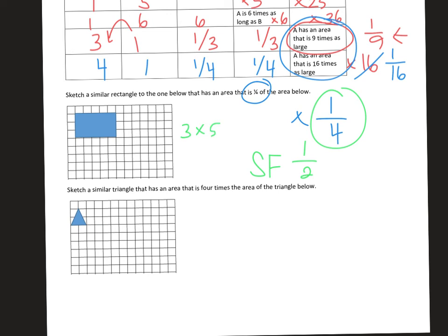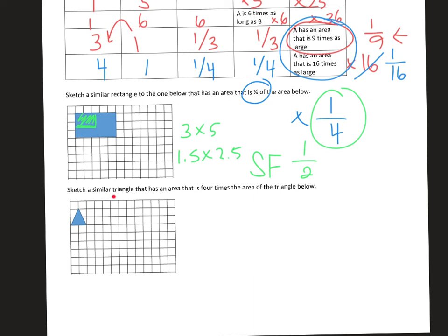So now I'm going to make it into 1.5 by 2.5. And actually you can kind of see visually that you're cutting this rectangle into fourths. So cutting this into fourths, because it's 1/4, will give you a 1.5 by 2.5.